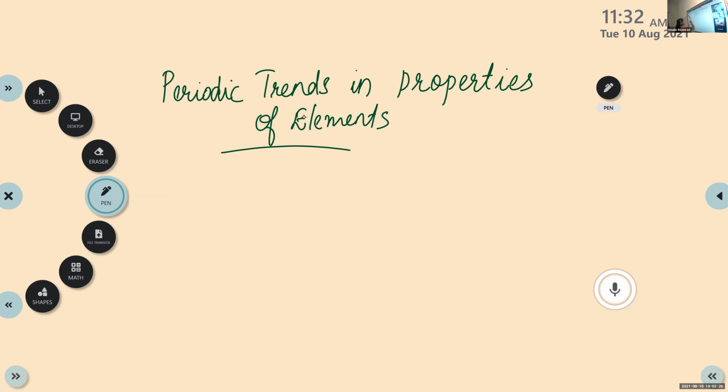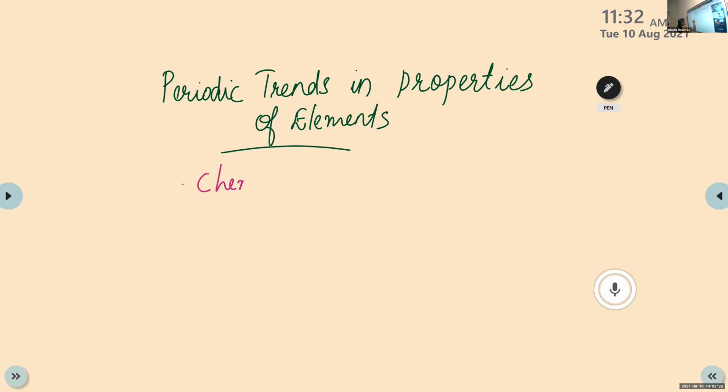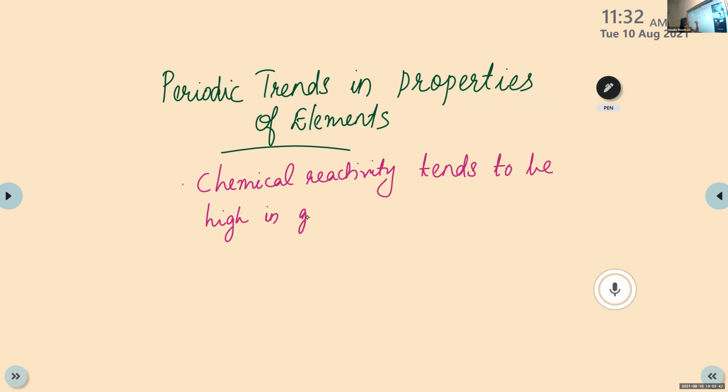The first point, the chemical reactivity tends to be high in group 1 and 2.